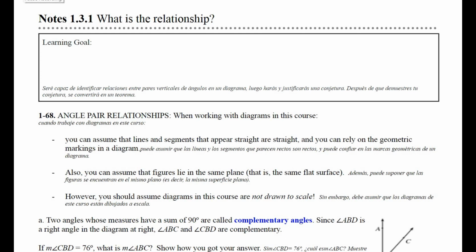What is the relationship? Today we have one learning goal and we'll write it in the first person.